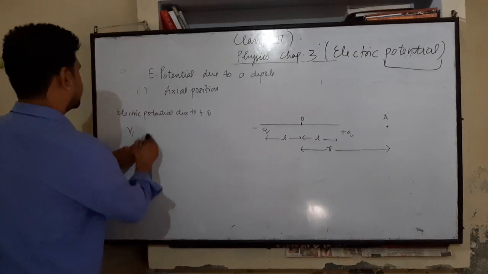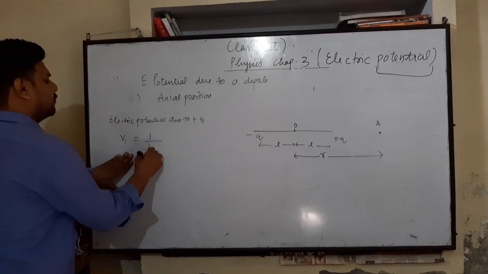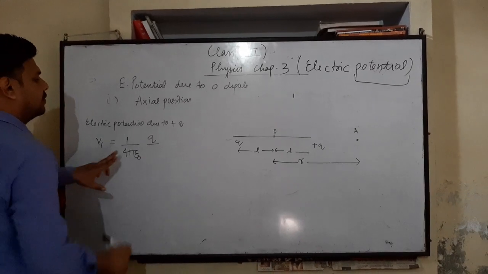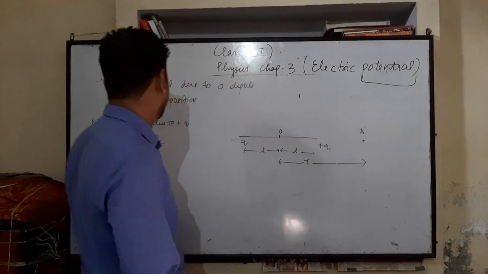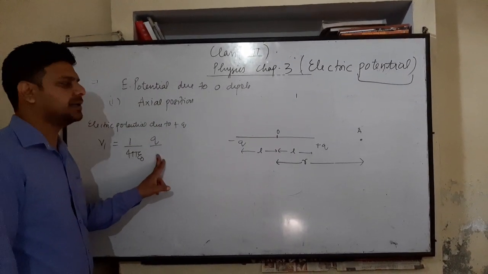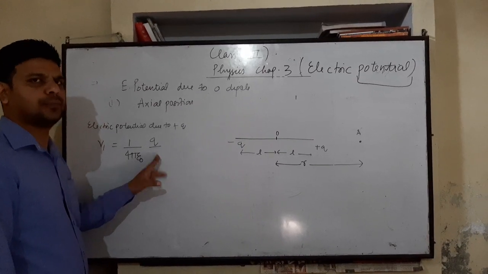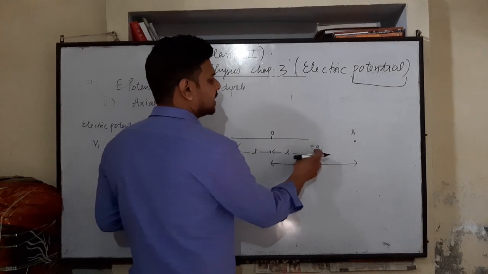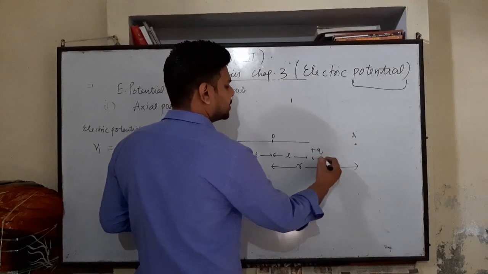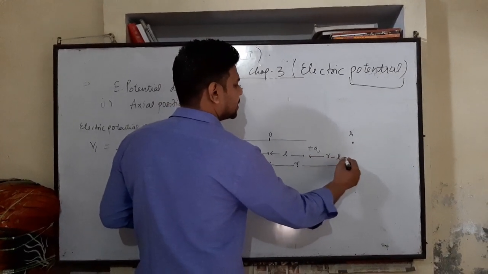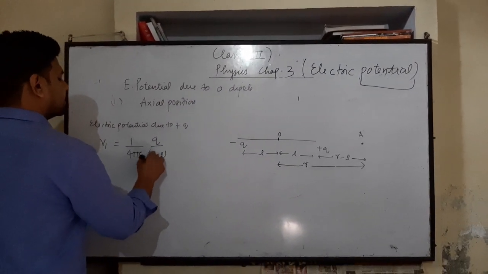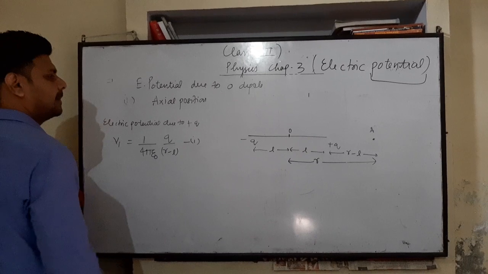We will use the formula 1 over 4 pi epsilon naught, charge plus q, over r. r is the distance between the point charge and the observation point. So the distance between this charge and this observation point is r minus l. This is equation 1.